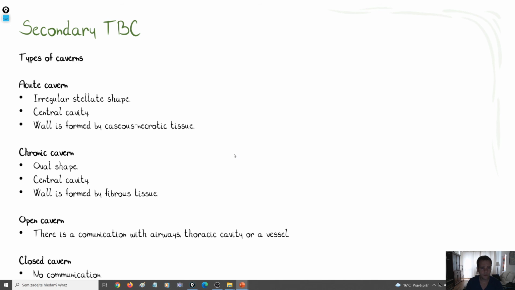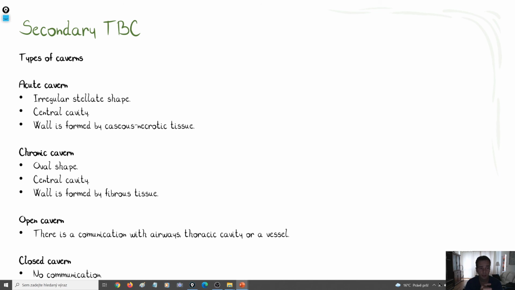We've got several types of the cavern. We've got acute cavern, which has an irregular stellate shape with a central cavity, and the wall is formed by the residuum, the remnant of the necrotic tissue. That's acute cavern. And then the cavern slowly heals, and it progresses into chronic cavern, which has an oval shape, and the wall is formed by fibrous tissue, which is basically a scar.